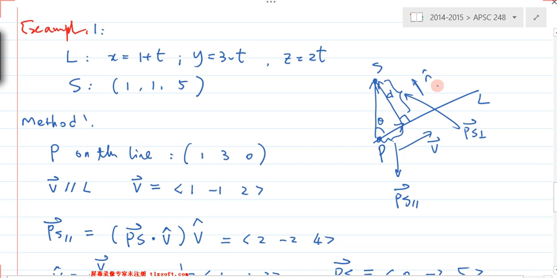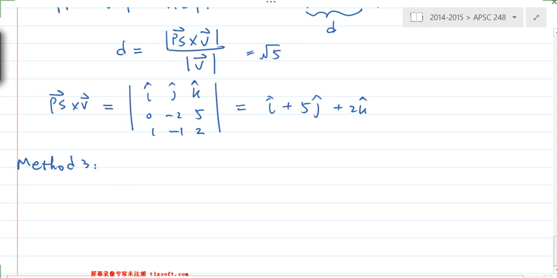So is there any way we can find this n hat? That's the thinking for my third method. I'll give you a little bit of time to think about how we find that n hat, through what kind of relationship.